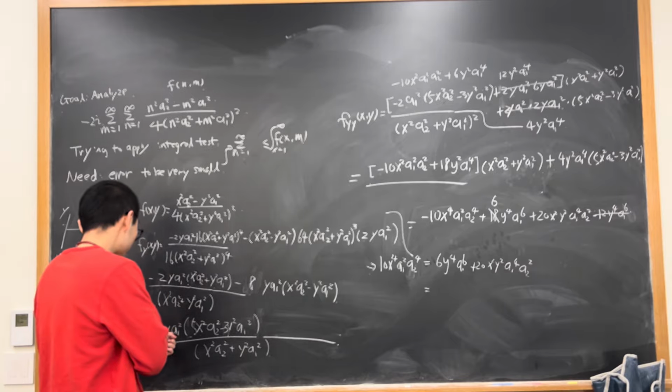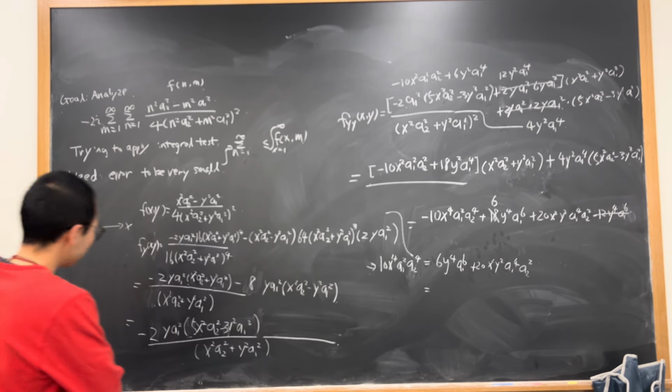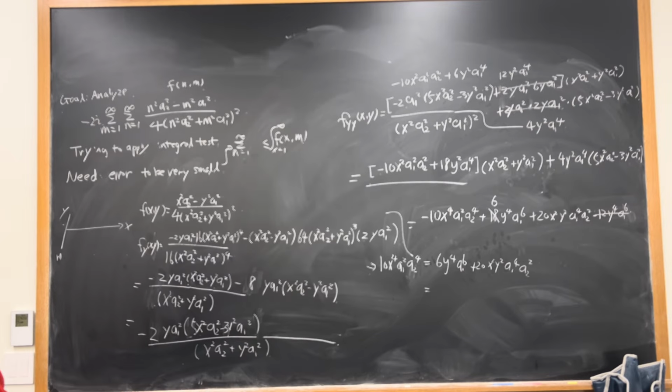So this is positive. Wait a second. So will this function still be very, very negative, but less negative if you divide by m squared?